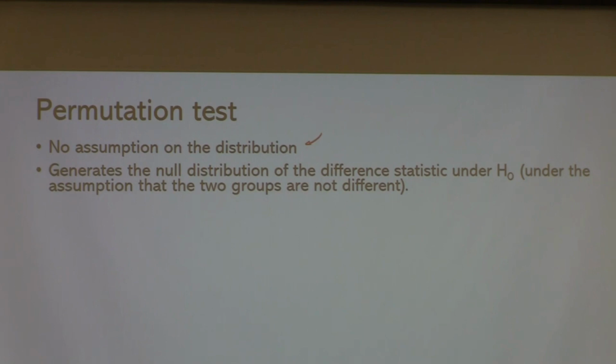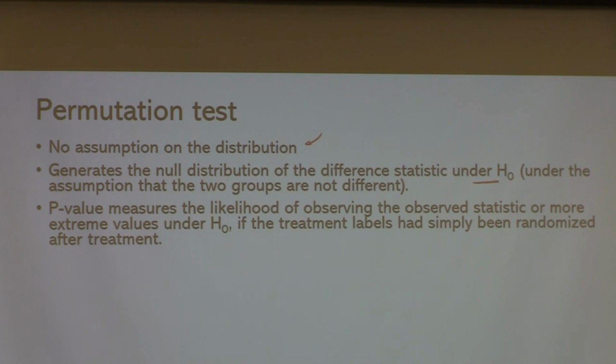So this null distribution we generated under H0, so under the assumption that the two groups are not different. As we are working under that assumption, we can just relabel the subjects randomly. And the p-value measures the likelihood of observing the observed statistic or something more extreme under H0.